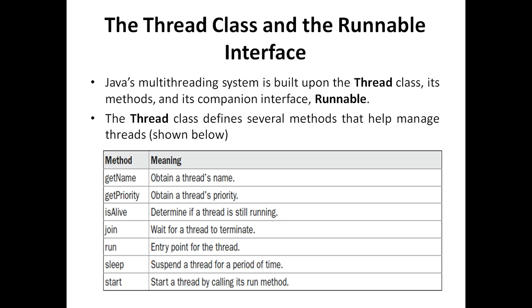Then getPriority, used to obtain the thread's priority. isAlive, to determine if a thread is still running. Join, used to wait for a thread to terminate. Run, which is called the entry point for a thread. Sleep, suspend a thread for a period of time. Start, start a thread by calling its run method.